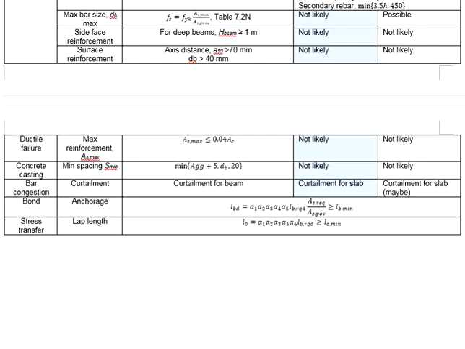Because of that, it is likely that the calculated anchorage length and the lap length will be lesser than what is required in the British standard. That means it is more economical.